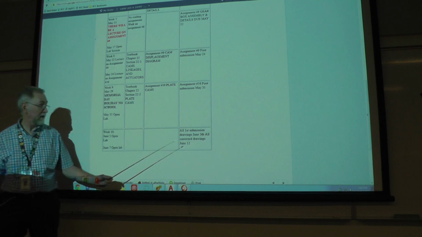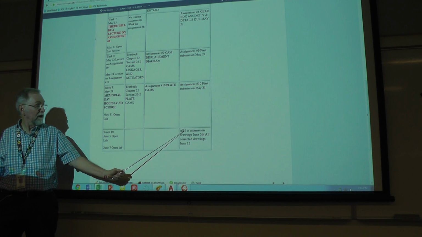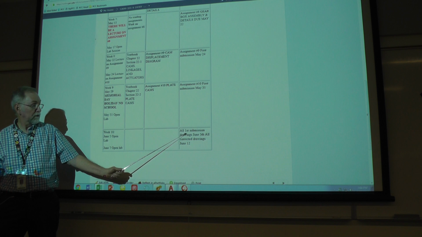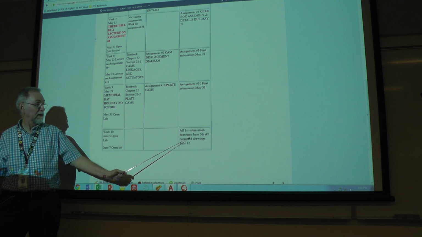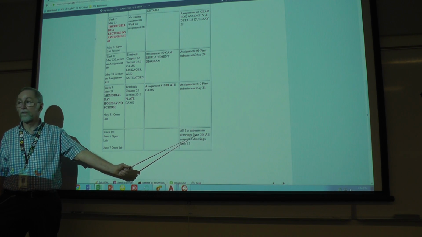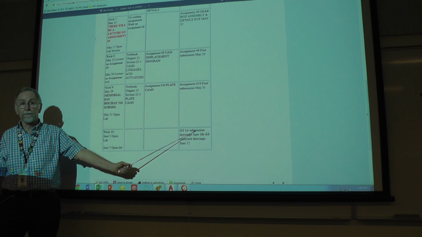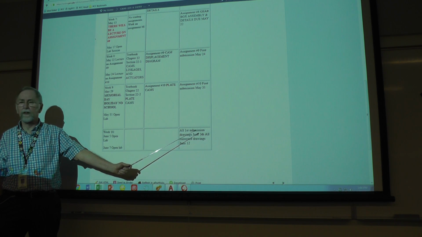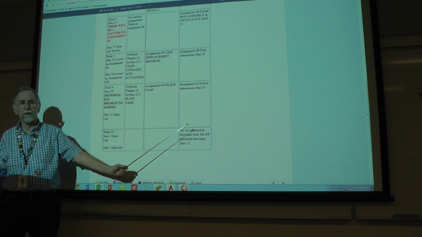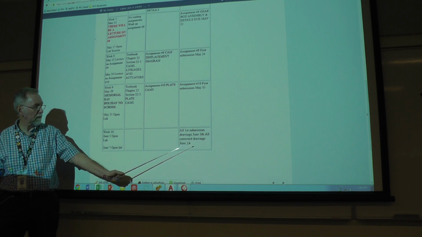Now, also calling out that all or any first submission drawing is due Monday, June the 5th. Most of you in here have at least submitted, except for the new assignments, your first go-around.